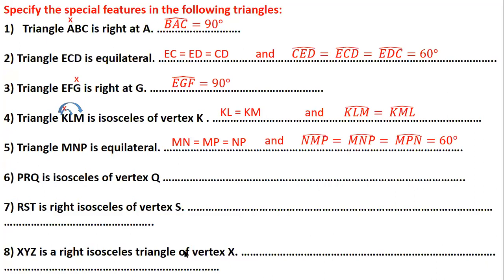So if the special vertex is Q, above Q, we put an X as usual. We know that the 2 equal sides are issued from the special vertex Q. Please, Lin, name the 2 equal sides. Start from Q. QR and QP. Thank you, Lin. So QR is the first side and QP is the second side. So QR is equal to QP.